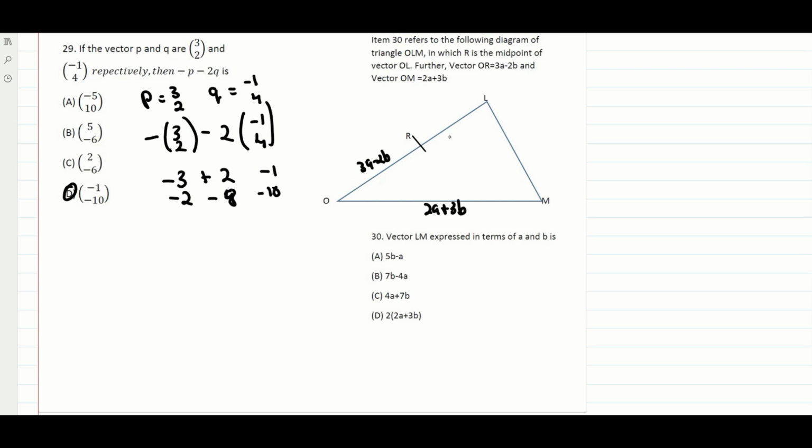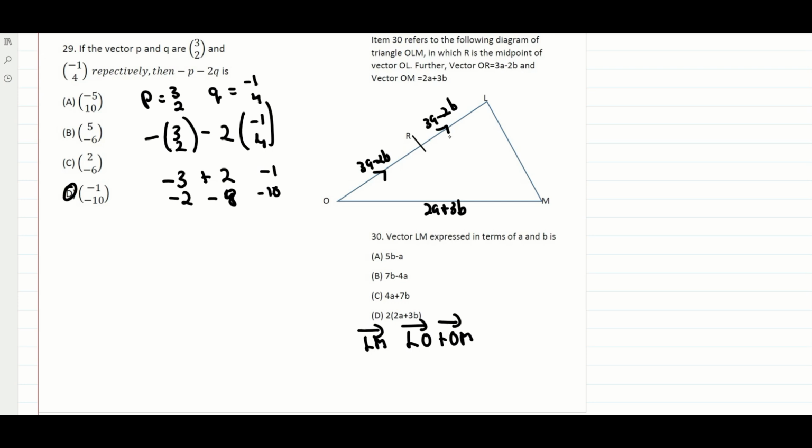The vector LM, L to M, right? So if this is the midpoint and it's telling you that OR, this direction, is 3A minus 2B, then this is also 3A minus 2B, okay? Then they want LM, that is your starting point is L, and we're going to M, so L to O plus O to M.